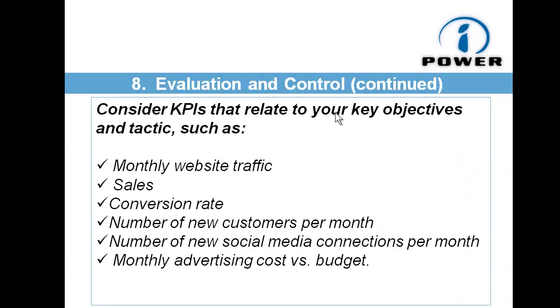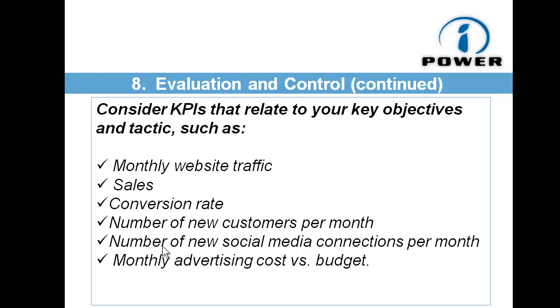Typical KPIs when it comes to website marketing and digital marketing could be, and these are just examples, your monthly website traffic, then sales. Are you achieving your target sales every single month? Are you achieving your conversion rate of whatever the plan was, maybe 1% or less? Are you getting your new orders and new customers every single month?